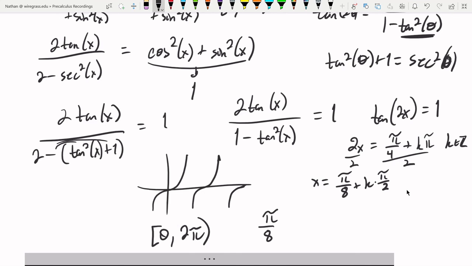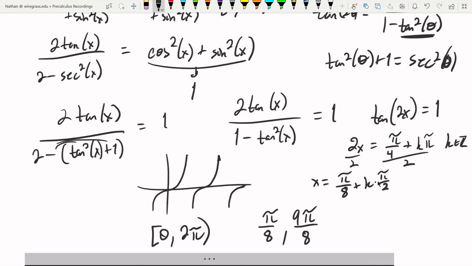Let's try k equal to 2. 2 will give us just pi. Pi is the same thing as 8 pi over 8. Plus pi over 8, that's going to be 9 pi over 8. That's within this 0 to 2 pi range, so that's perfectly fine. Let's try k equal to 3. We get 3 pi over 2.